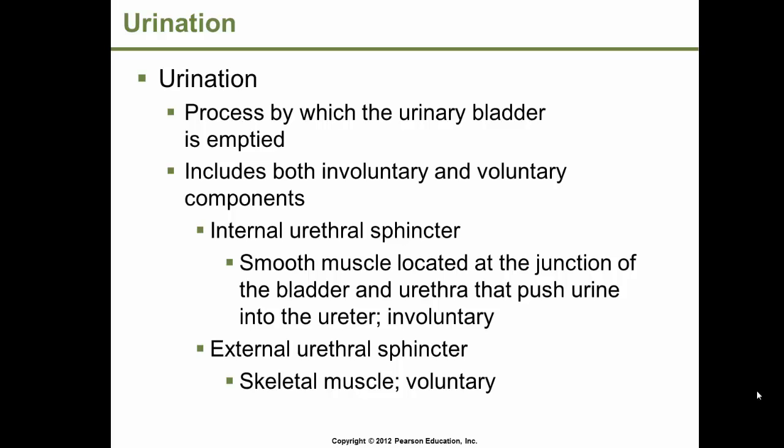The external urethral sphincter is a skeletal muscle and it's voluntary. Neural connections to the external urethral sphincter are not fully developed until approximately 2 to 3 years of age, and of course we know this as potty training.